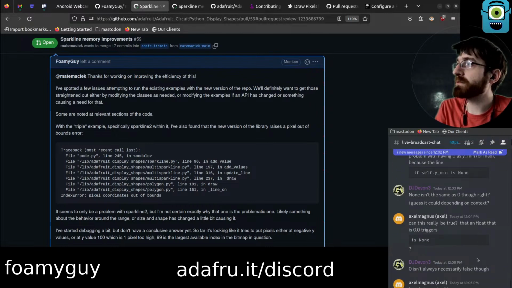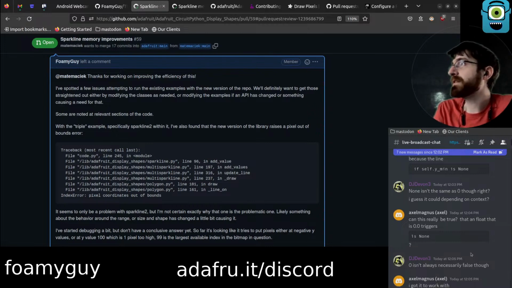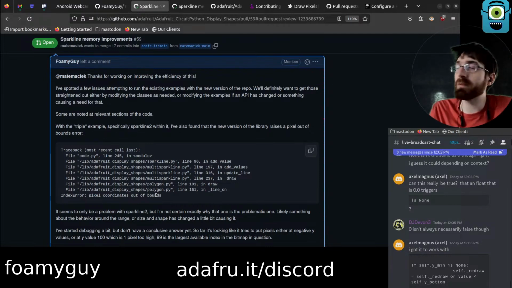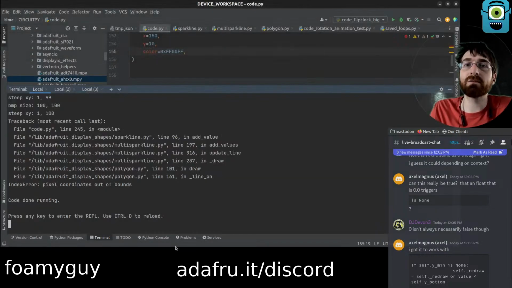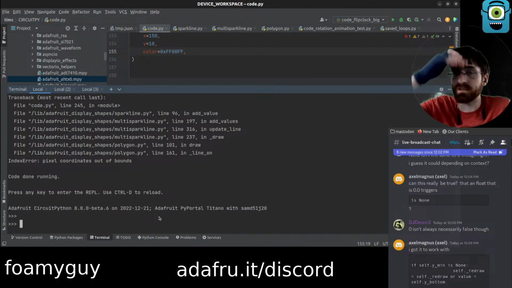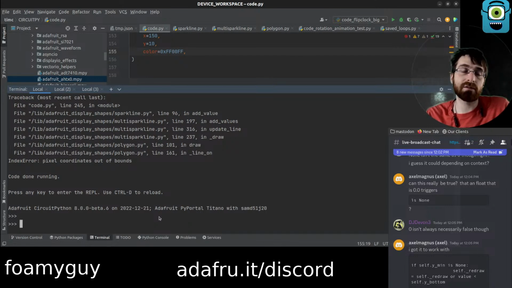Can this really be true that a float that 0 triggers is none? I still have to catch up. I believe that shouldn't be true, though. Let's test it in the REPL. I believe a float that is 0 should not trigger is none. That's how I assume it works.